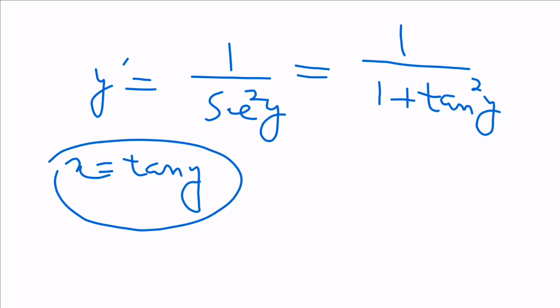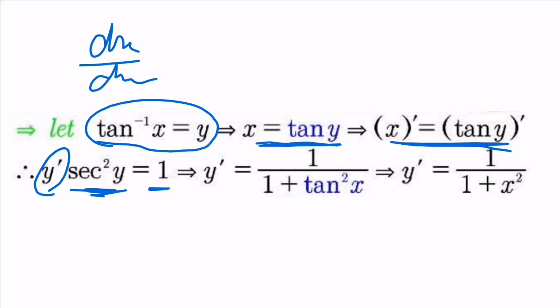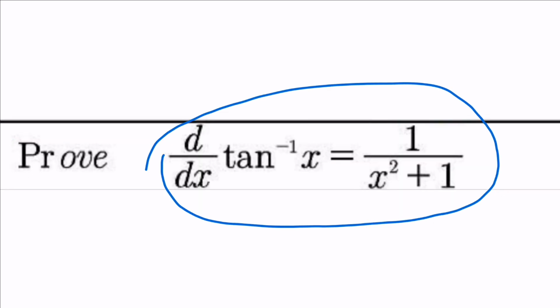Therefore, this becomes 1 over 1 plus x square. So, in last, we prove that y dash is equal to 1 divided by 1 plus x square. So derivative of tangent inverse x is equal to 1 over x square plus 1.